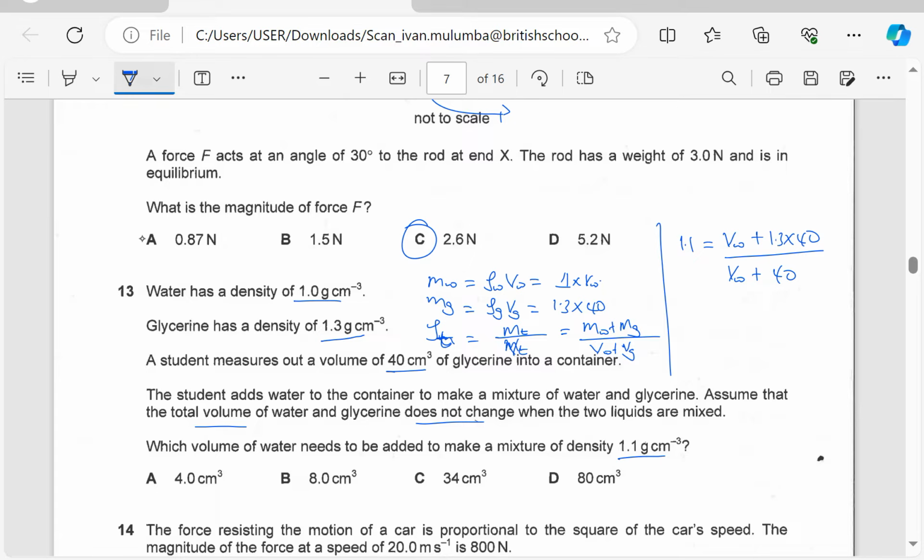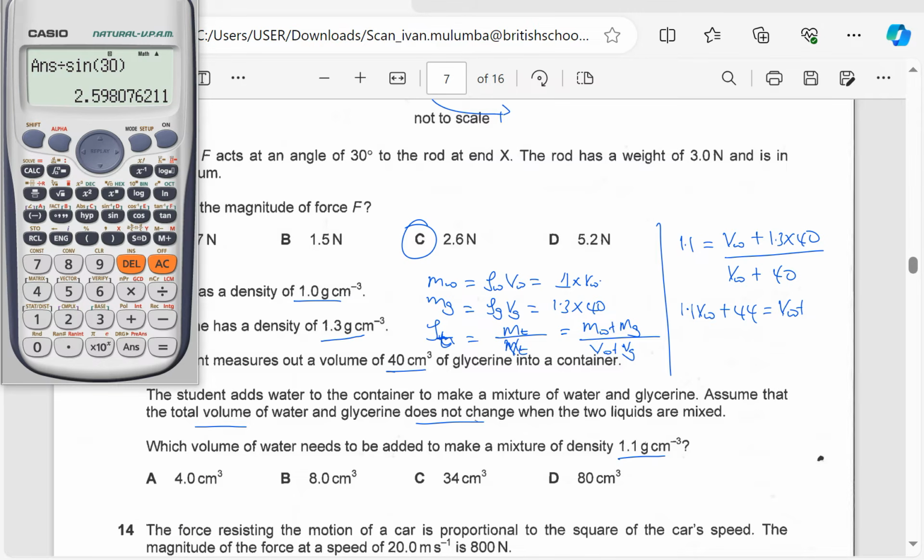So we just collect like terms. So this will be 1.1 VW, cross multiplying, plus 40 times 1.1 is 44, equals VW plus 1.3 times 40, which is 52.